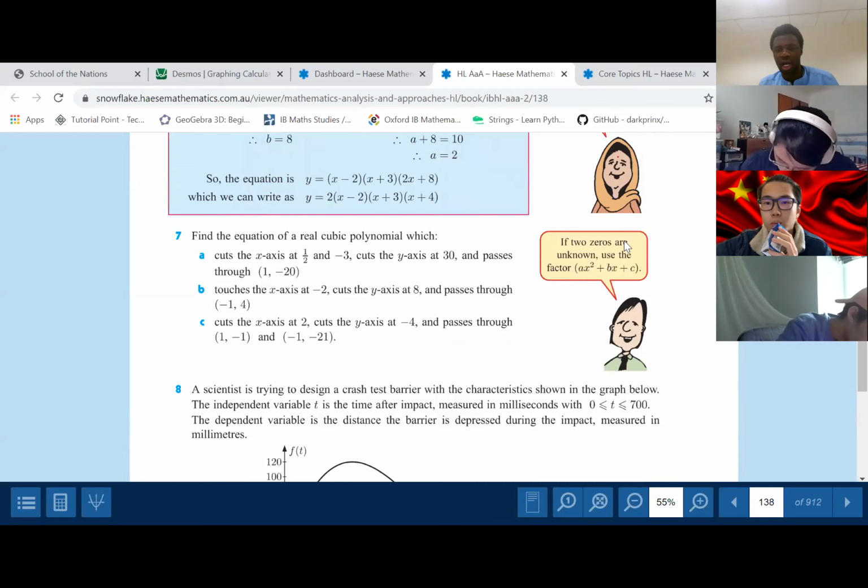See, if 2 zeros are known, look at that. If 2 zeros are unknown, you have this already. Use this factor ax plus, I think it's better we use this. 2 zeros are unknown. You only have 1 zero. So rather than using ax plus b, mx plus n, when you expand that, you have a quadratic. That quadratic will give us a, b, m, n, 4 variables.